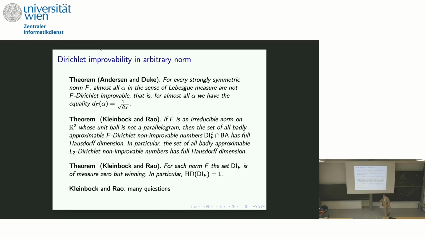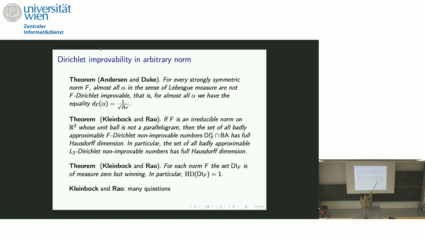But for P equal to 2, it gives an interesting result: if we deal with non-improvable numbers, so what was the statement of the Davenport-Schmidt theorem? If we have Dirichlet improvability, then we have bad, and conversely, if we have bad, then we have Dirichlet improvability.